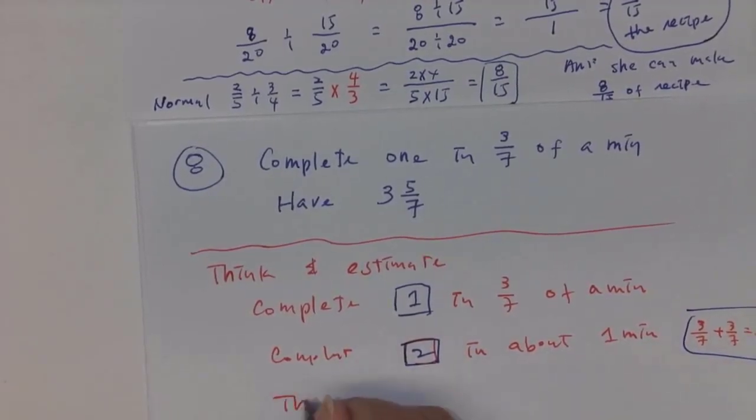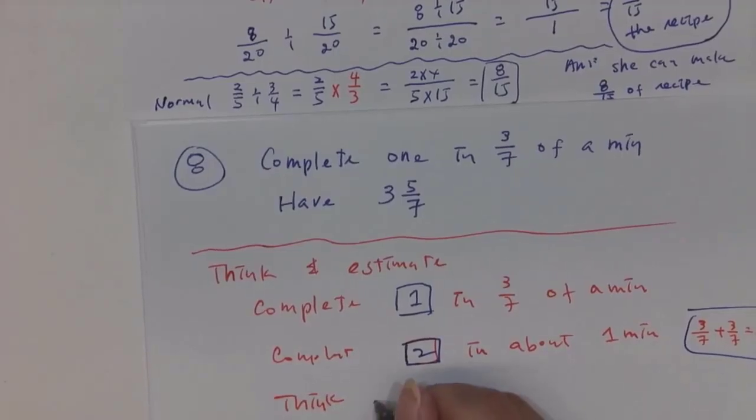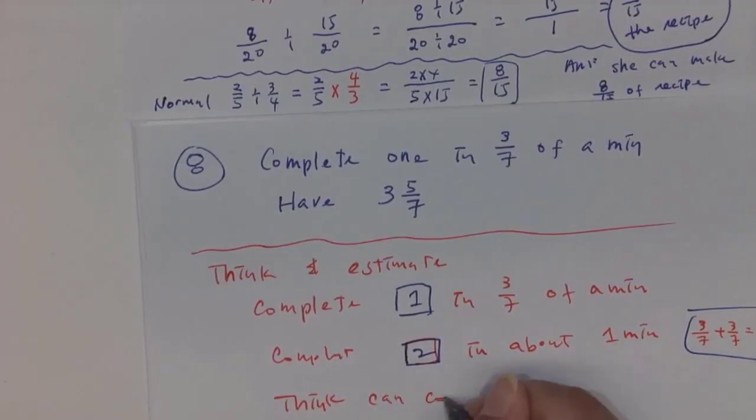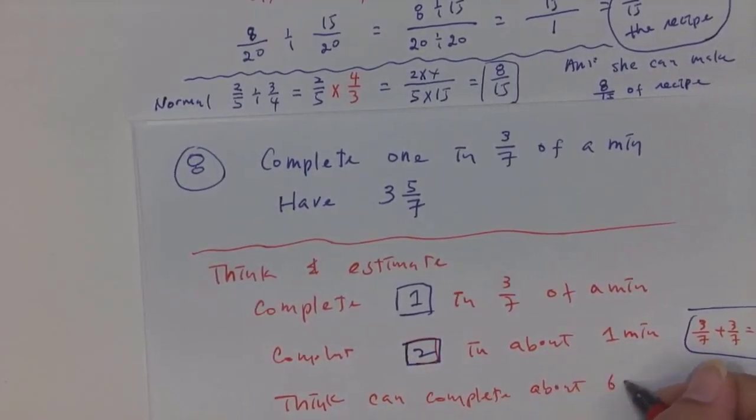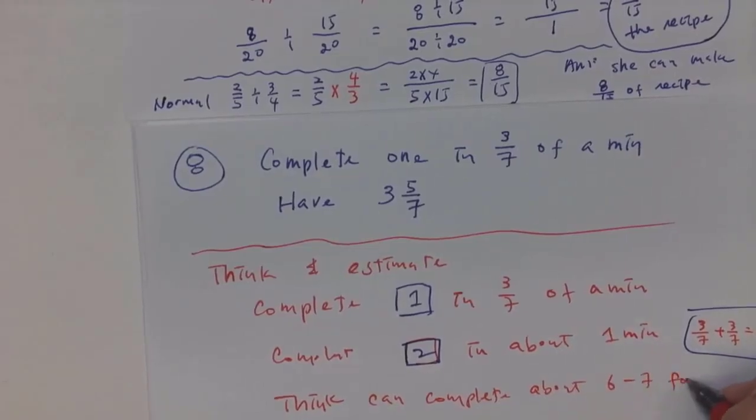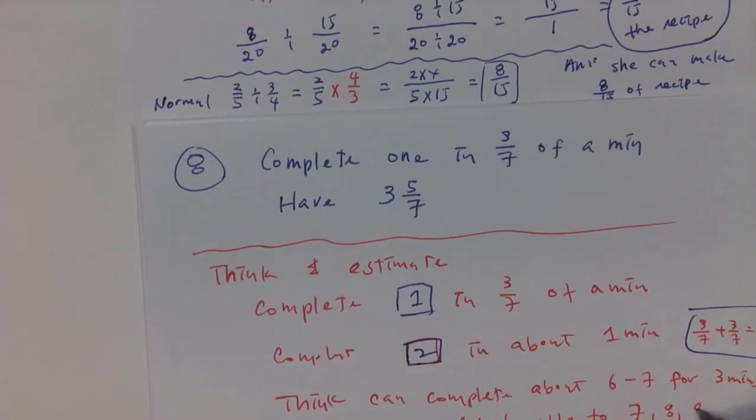So we think we can complete about how many for the total time? Earlier we say 6 to 7 for 3 minutes, right? So we feel that we should be able to do maybe 7, 8, or 9 for the 3 and 5/7 minutes.